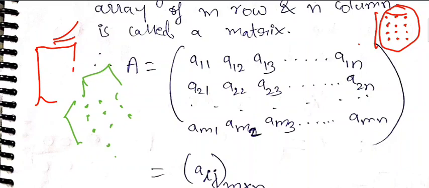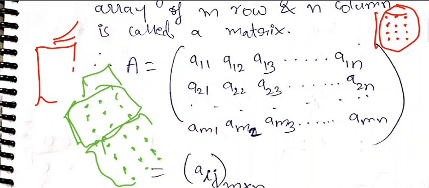But if they are unequal, it will look something like this. You can clearly see here that 4 rows are there but only 3 columns, but over here both are 3 and 3. So when both become the same, then it will be square.